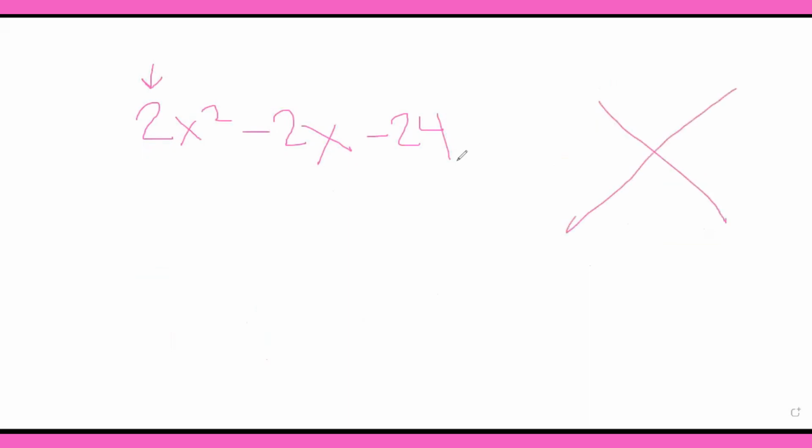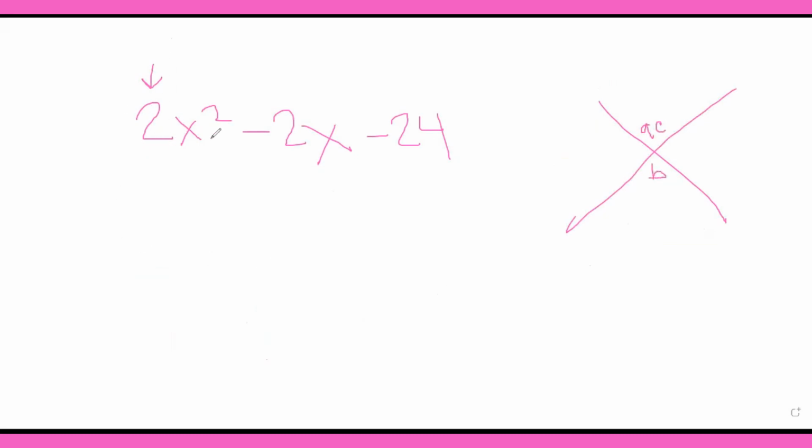So these were two easy problems that used the two different methods, the x method and the box method. So let's move on to a little bit more challenging when we have this a term up front. Here's an example, 2x squared minus 2x minus 24. If we're going back to the big X method, again, we're going to have AC up top and B down below.